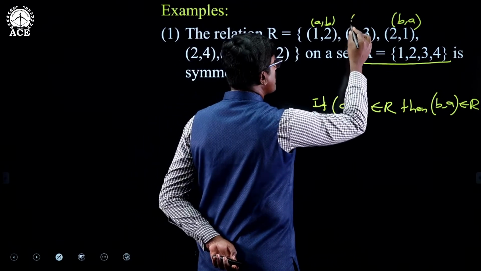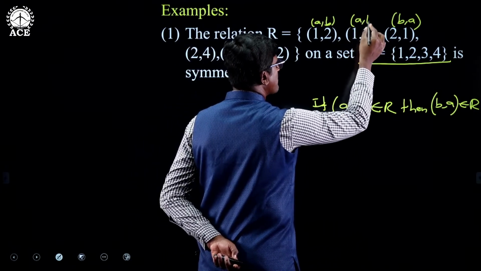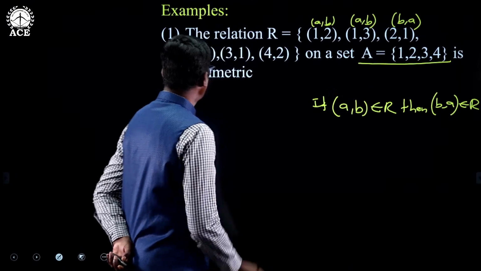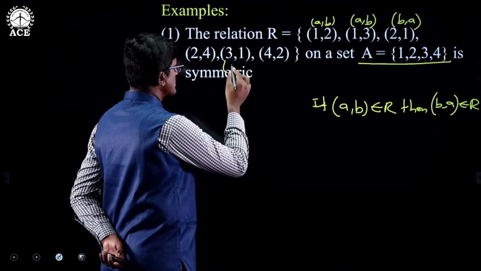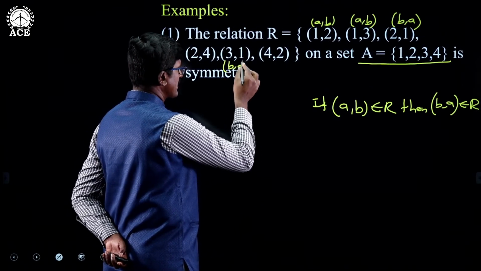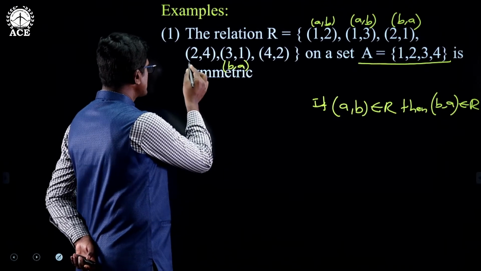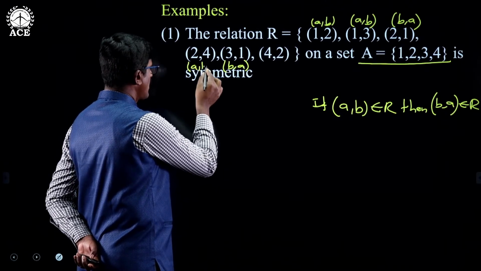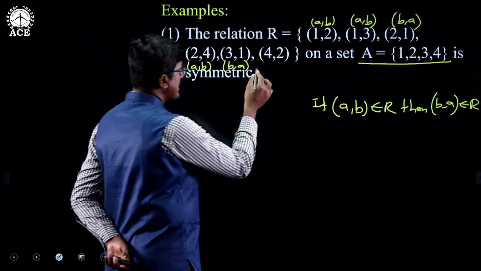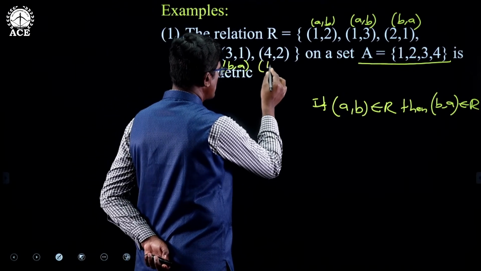Similarly, (1, 3) is there and (3, 1) is also there. Next, (2, 4) is like (A, B), and (B, A) is (4, 2).